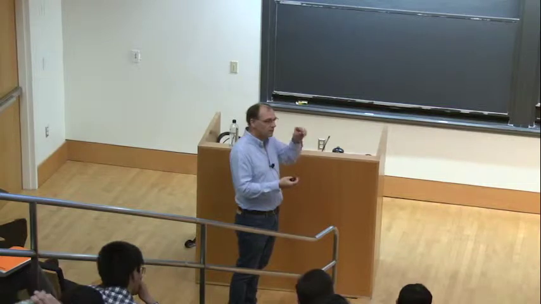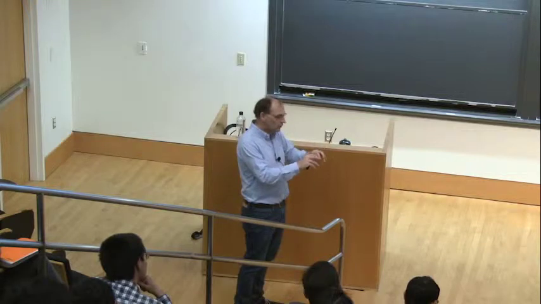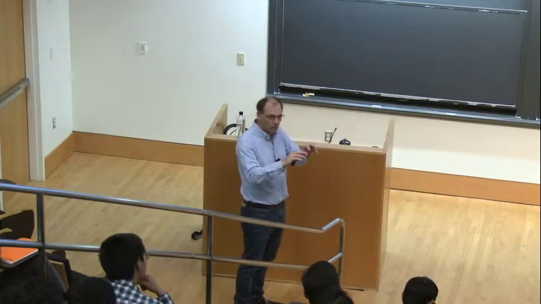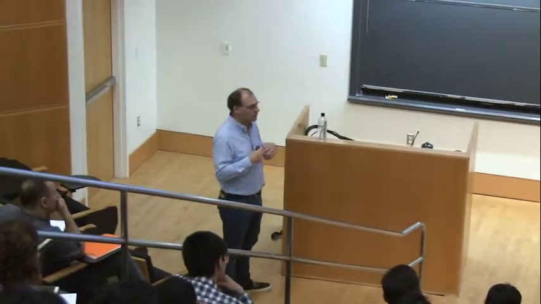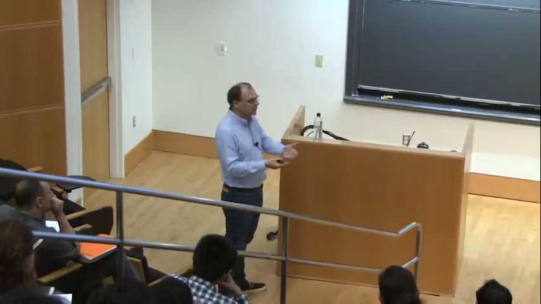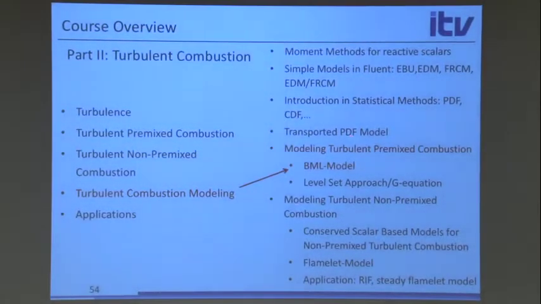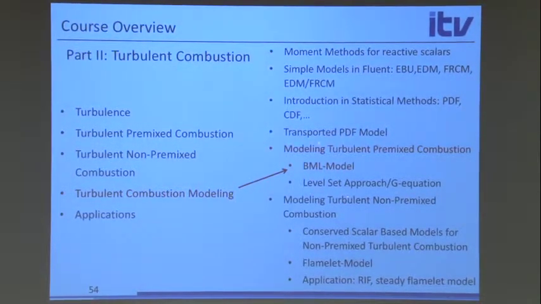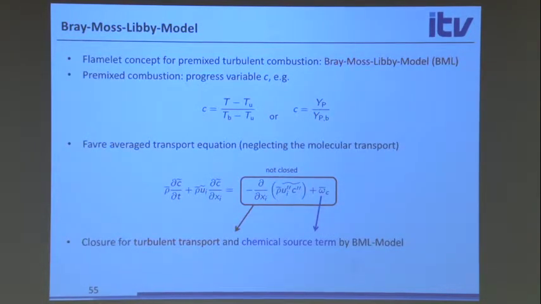But at each point, the model always worries about what contribution comes from premix, what comes from non-premix, and how to model this small-scale interaction in a way that represents the physics. So that's why I want to talk here first about models for premix combustion, and then non-premix combustion. I won't talk about how to put all of this together, but if you're interested, you can find this somewhere.